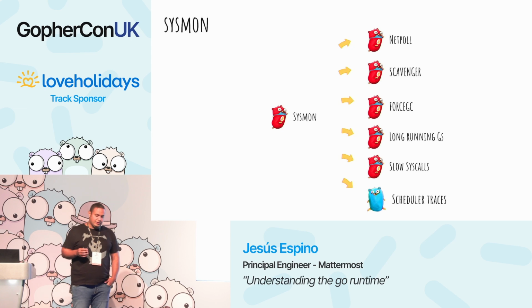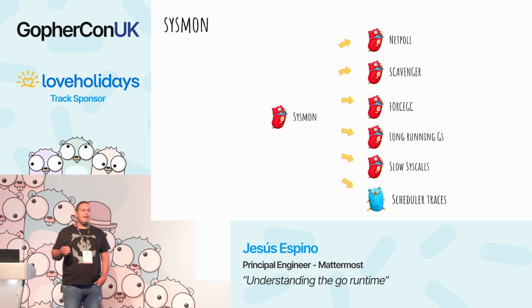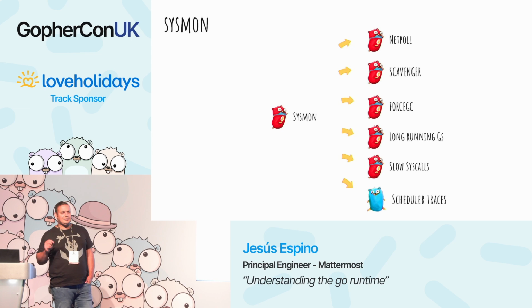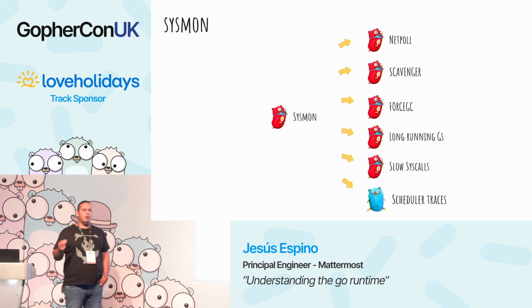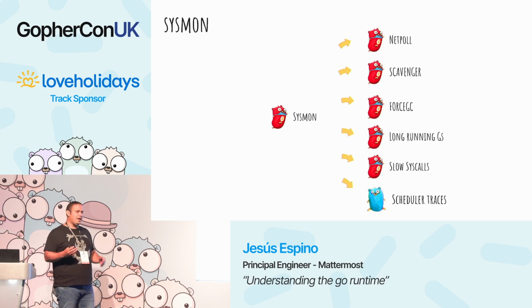Then also it's going to detect slow syscalls. The reason for that is that a syscall is a call to the operating system. Whenever you have a syscall, the operating system thread is going to wait until the syscall returns, so there's no way to do something else while you are waiting. What Go does here is very interesting.